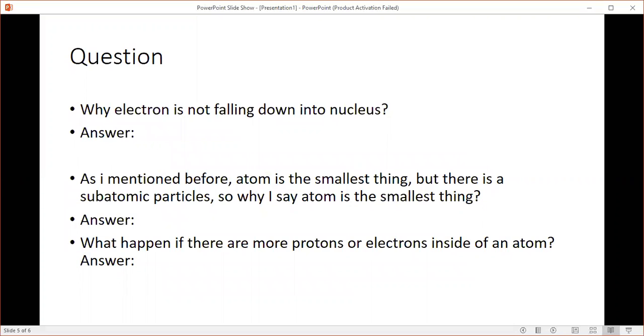Okay, maybe because of my explanation, some of you do not understand. So I will answer your question. Why does the electron not fall down into the nucleus? As we know from the law of electromagnetic, if you realize that proton is positive and electron is negative, that means they will bond to each other.